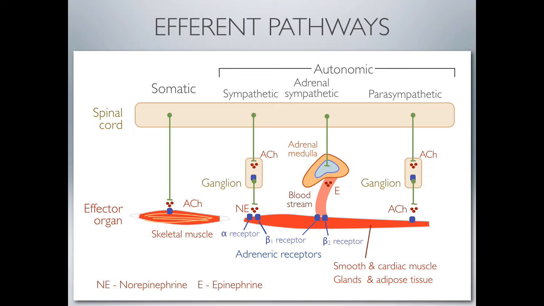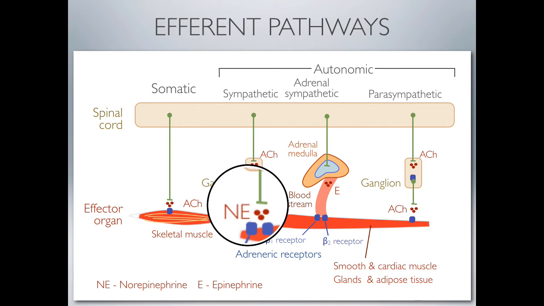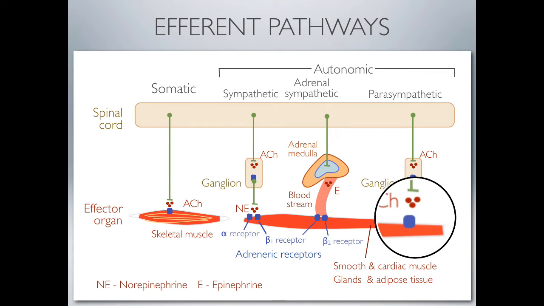Now, the positioning of the ganglion for the sympathetic pathway tends to be a little different from the parasympathetic pathway. We'll show examples of where they are positioned in a bit. But the same basic parts are similar. If you wanted to differentiate parasympathetic from sympathetic, one way would be the neurotransmitter at the end: norepinephrine for sympathetic, acetylcholine for parasympathetic.